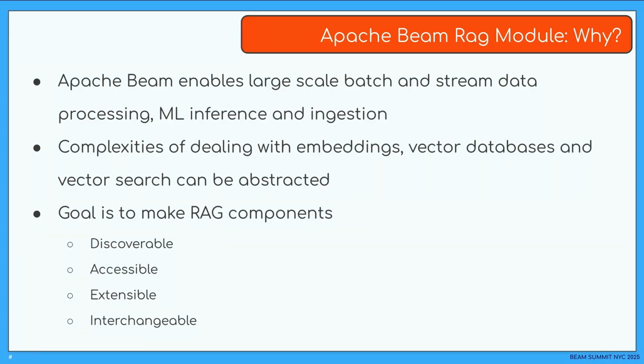They have a vector database, and they've run into problems scaling embedding generation or enrichment. And the goal of the RAG package is to make all of the abilities of Apache Beam for this use case discoverable, accessible to new users, hopefully extensible by the community, and interchangeable, easily switch between vector databases or embedding models.